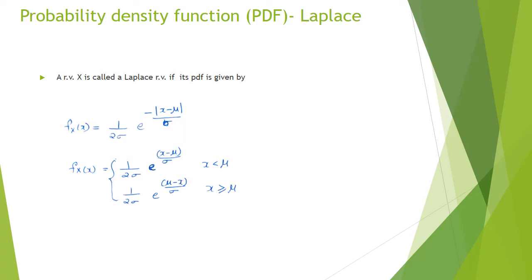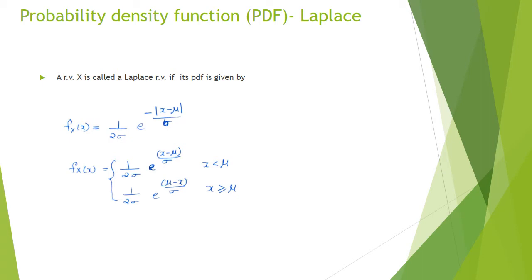And when x is greater than or equal to mu, x minus mu will be positive, so minus mod (x minus mu) will be minus of (x minus mu). So minus (x minus mu) can be written as mu minus x.